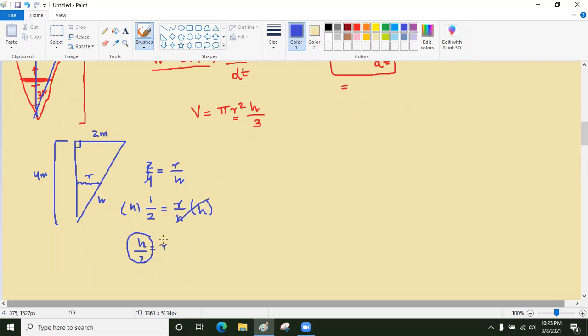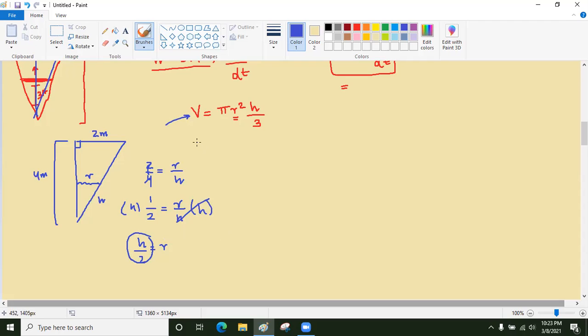So you can go back to your original formula here and substitute h over 2 wherever you find r, which is of course your radius. And you wouldn't be putting something there which is not itself equivalent to r, because r is equal to h over 2.